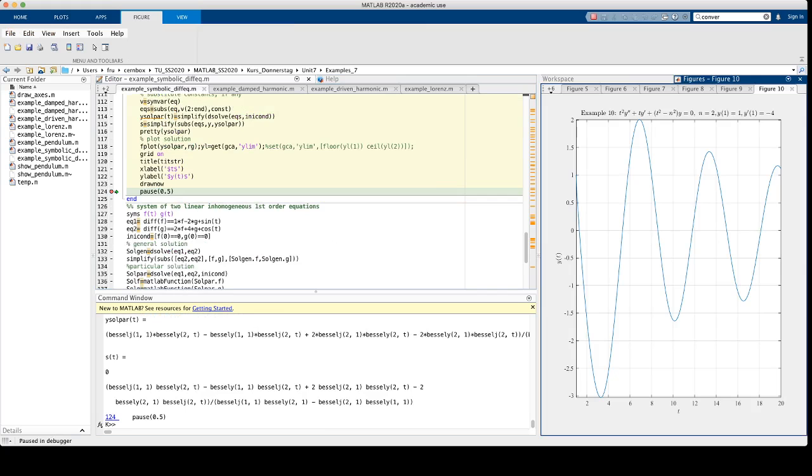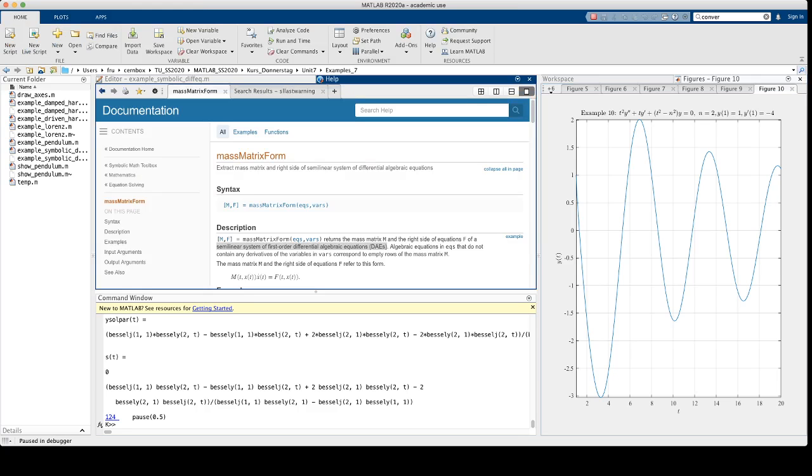And we get the solution in terms of Bessel functions. Please look up the Bessel functions in the help section of Matlab. We can have a brief look right now.